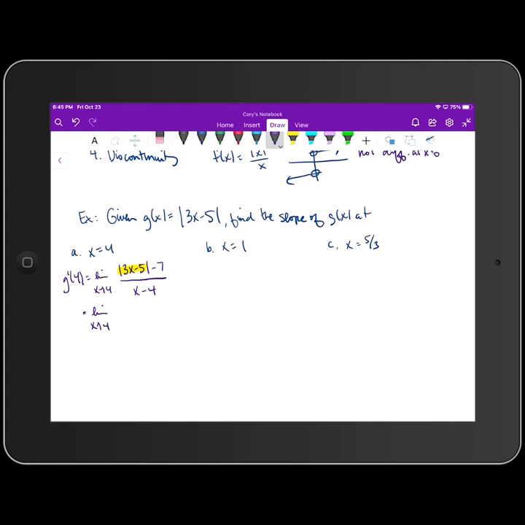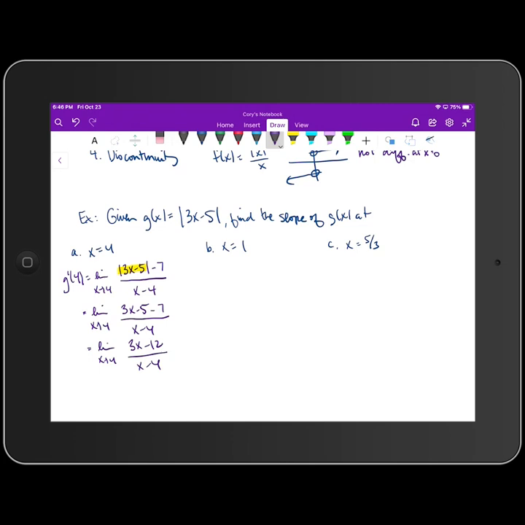So because when I plug 4 in, that gives me a positive quantity, I can rewrite the absolute value of 3x minus 5 as 3x minus 5, minus 7 over x minus 4, which is going to make the limit as x approaches 4 of 3x minus 12 over x minus 4.